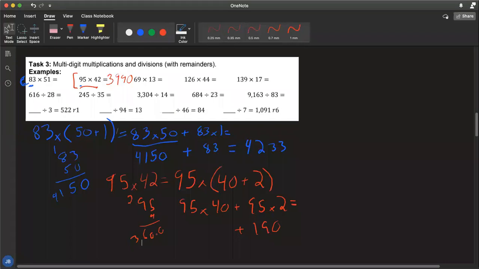Perfect. So we'd have 32, 36, 37, right? 38, because we had 2. There we go, 38. So we get 3,990. Great job. Thank you. All right.